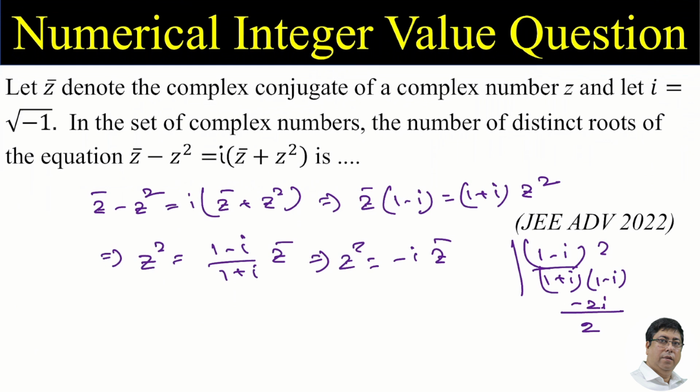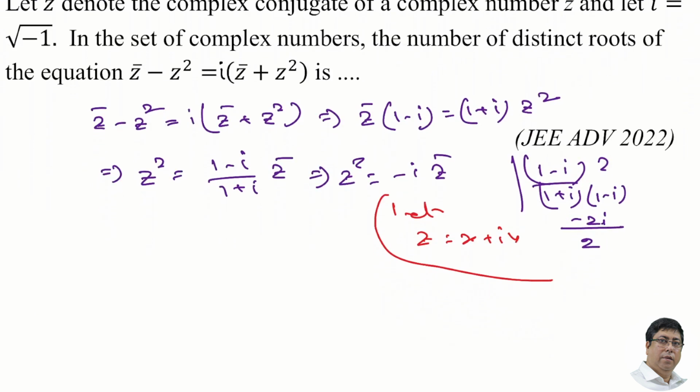Let z equal x plus iy. So z square means x plus iy whole square, that is x square minus y square plus i 2xy, and on the right hand side, minus i z bar, that is x minus iy.